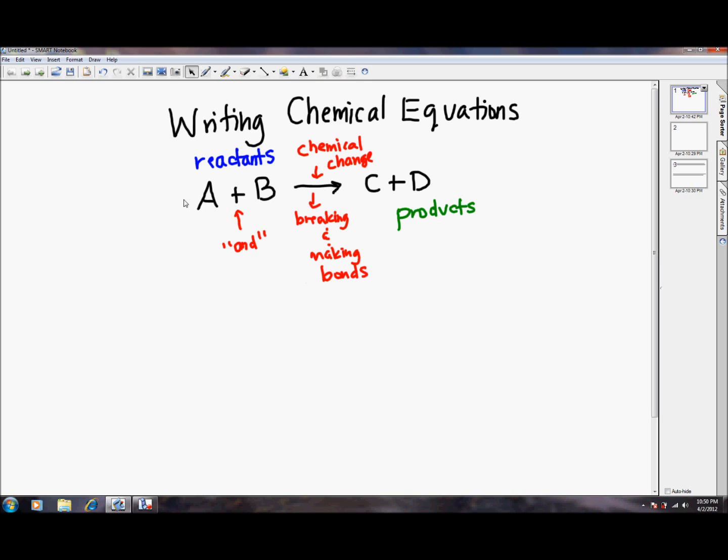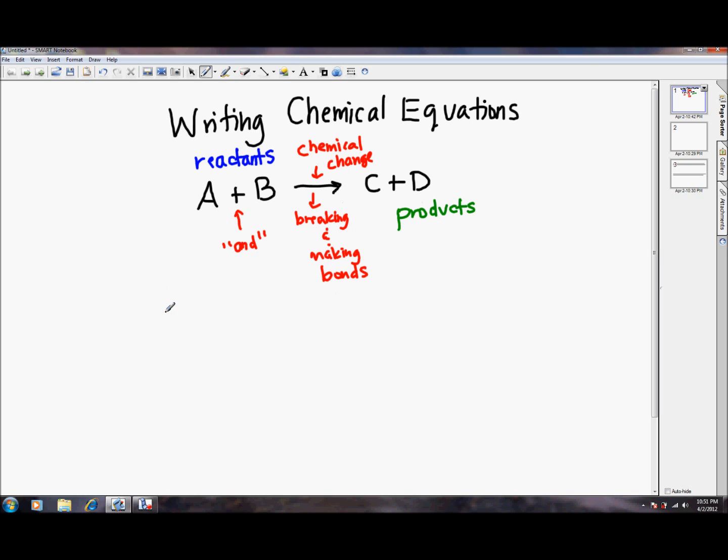So this would mean that reactant A and reactant B undergo chemical change to form product C and product D. These letters will be replaced by actual chemical formulas. So you will have to continue to use nomenclature skills to do formula writing.